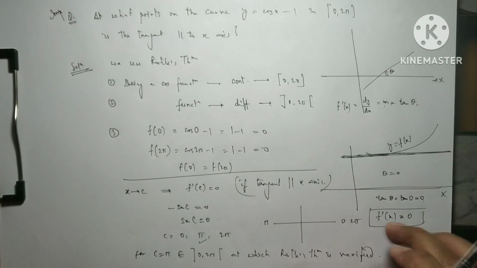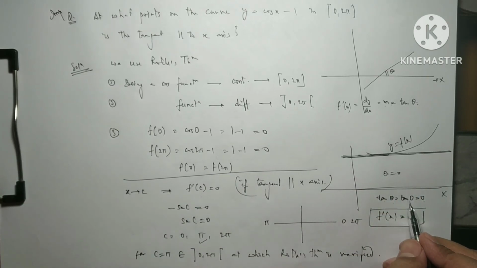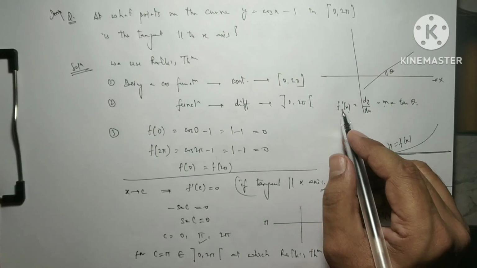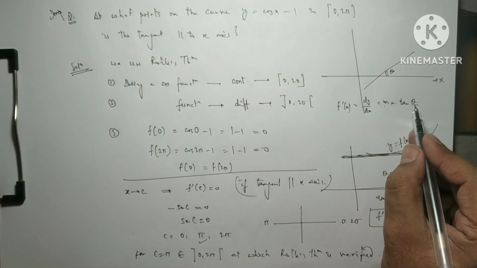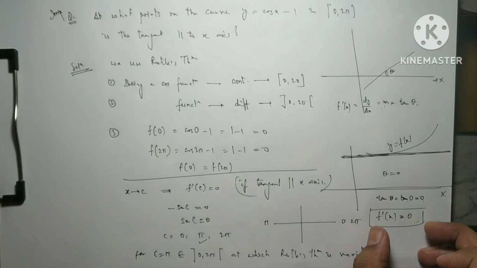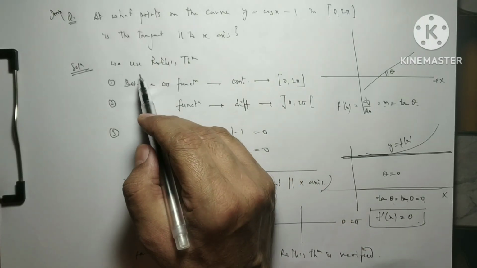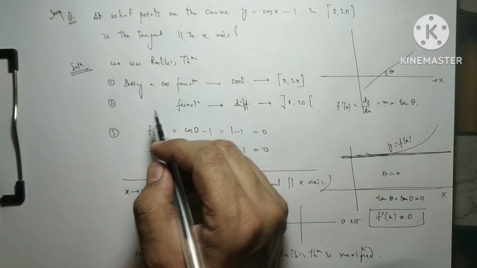If it is parallel to the x-axis, then the angle will be 0. So tan theta is tan 0, so f'(x) is 0. This is the concept we will use, similar to Rolle's theorem. So we will use Rolle's theorem.